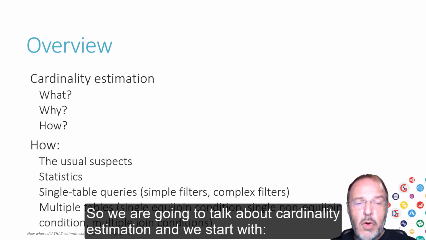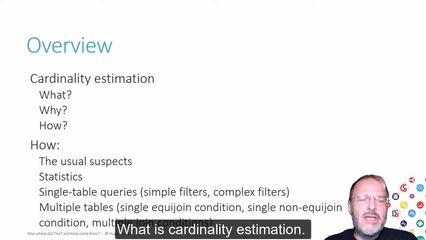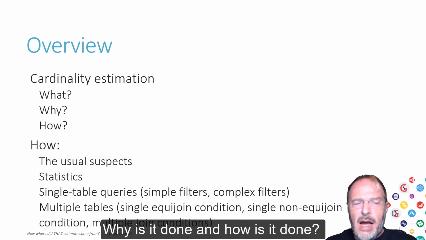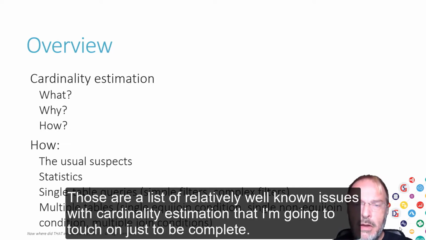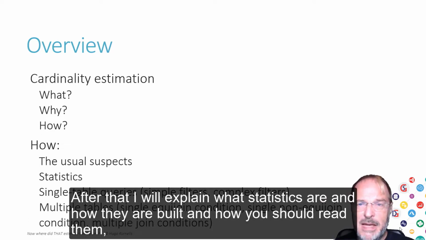So we are going to talk about cardinality estimation. And we start with what is cardinality estimation, how is it done, why is it done, and how is it done will be the main part of the talk. And in that part we will start with the usual suspects. Those are a list of relatively well-known issues with cardinality estimation that I'm going to touch on just to be complete. After that, I will explain what statistics are and how they are built and how you should read them.